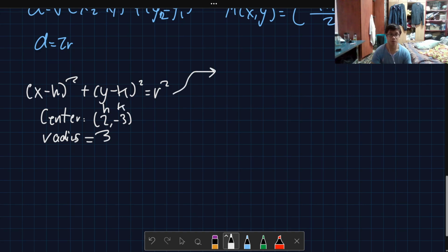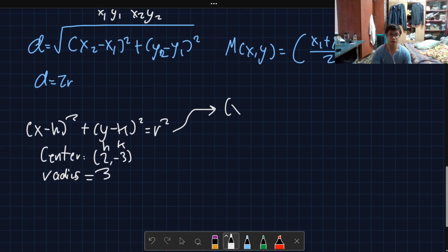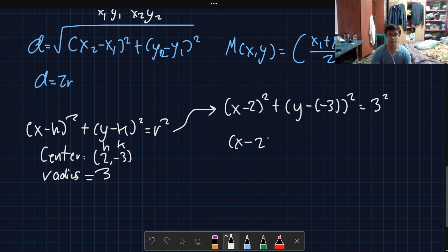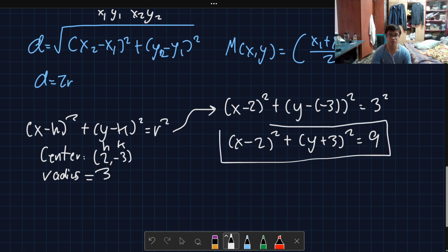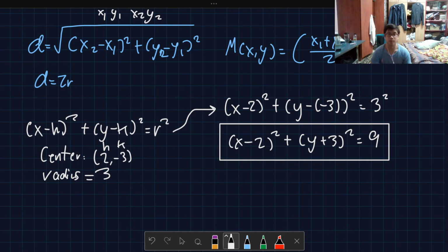So therefore, we will have (x minus your h, 2) squared plus (y minus your k, negative 3) squared. Then your r, which is radius, 3, so 3 squared. Remember that we have negative, negative, so that means we will get positive. So therefore, we will have (x minus 2) squared plus (y plus 3) squared is equal to 9.